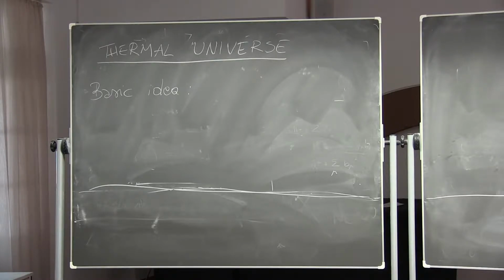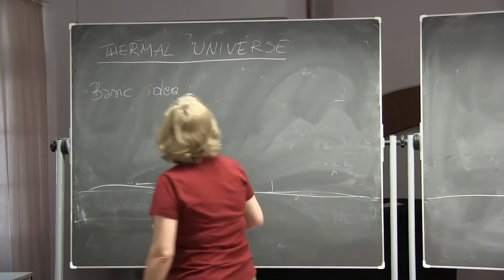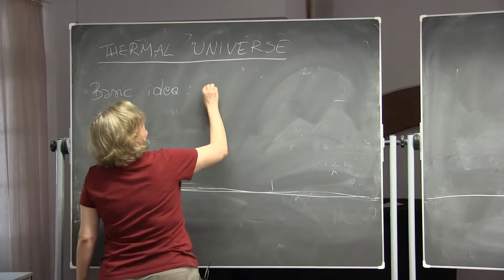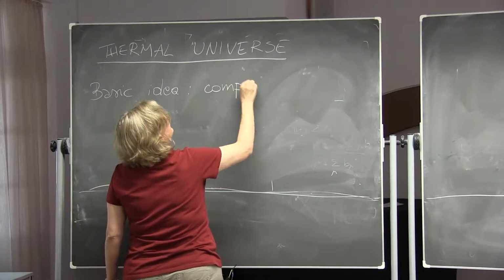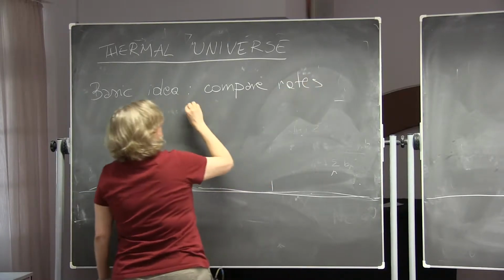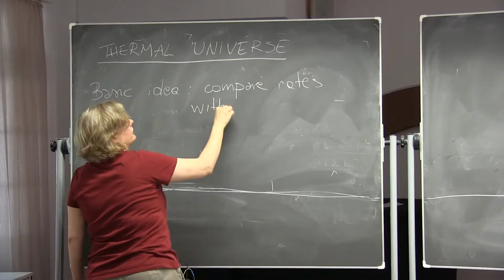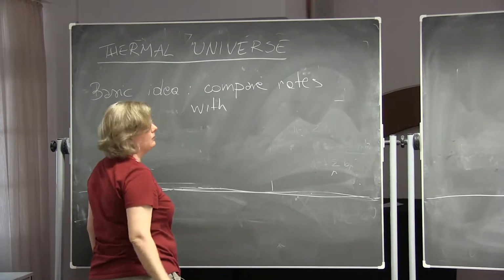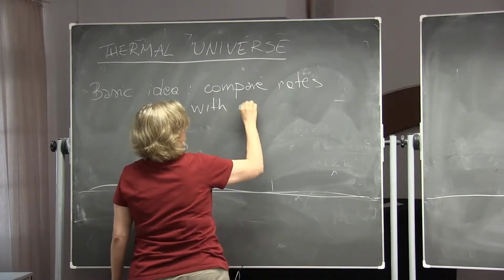So the basic idea is to compare every rate with the velocity of the expansion of the universe, which is nothing else than the Hubble parameter, the expansion rate.